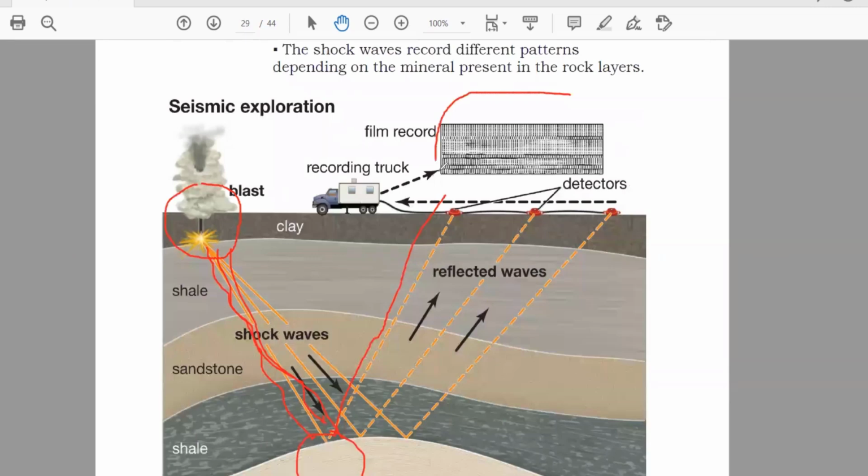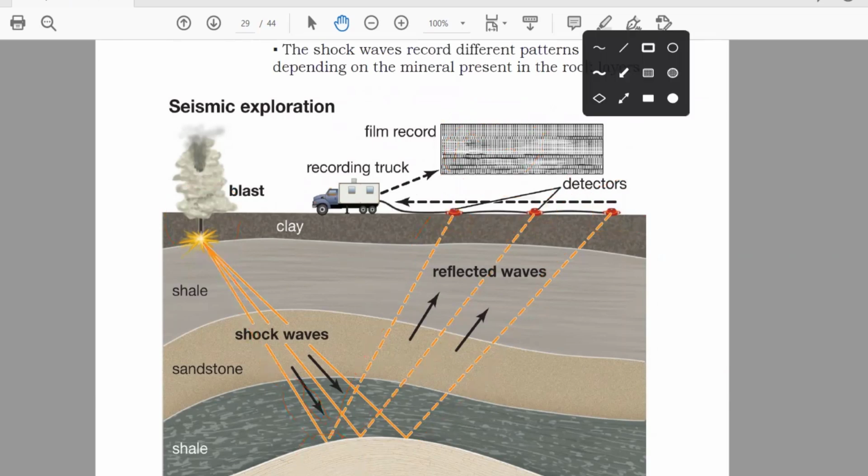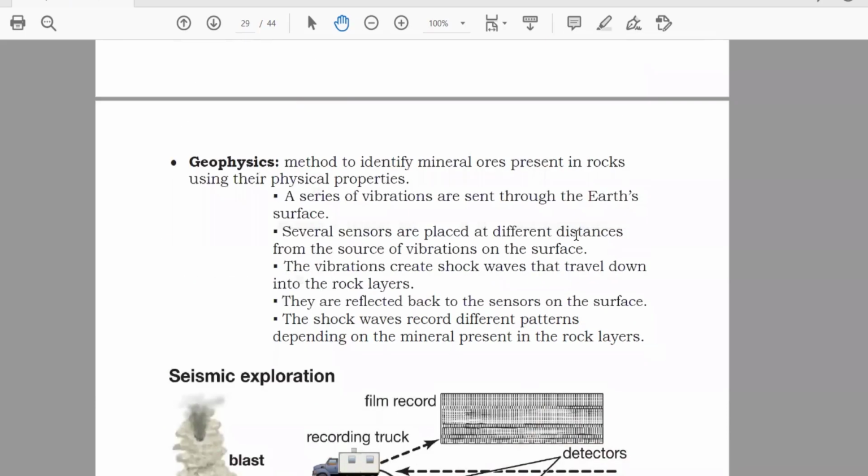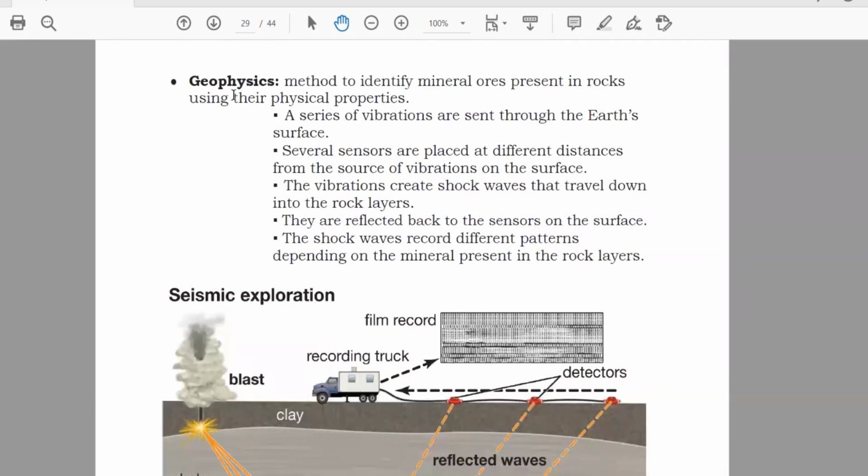Here they have special detectors, sensors above the ground. When the waves come back, they can detect those reflected waves and record the data. That data is then carefully analyzed and they can tell whether some rocks or minerals are present or not, and if present, which ones. So this gives you a possibility. That's known as geophysics.